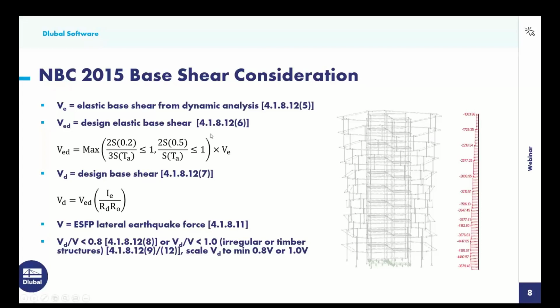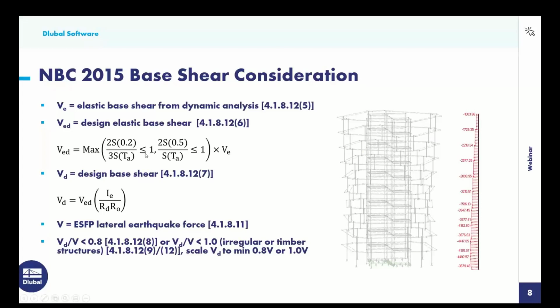Well, from here, we take a look at 418.12.6 to determine the design elastic base shear V sub ED. In order to get V sub ED, we're going to take VE from this previous step here and multiply it by this factor. Now, this factor is going to be the max of either the set of equations on the left or the right. It must be less than 1.0.